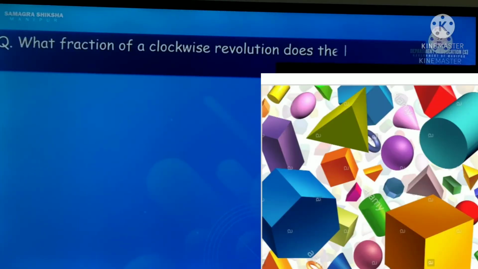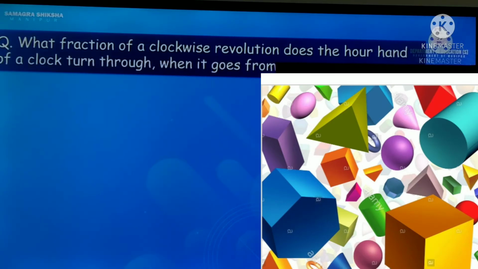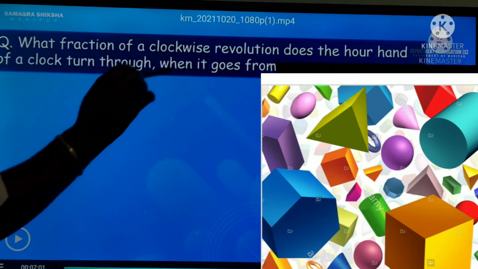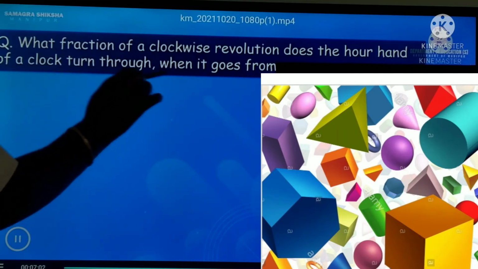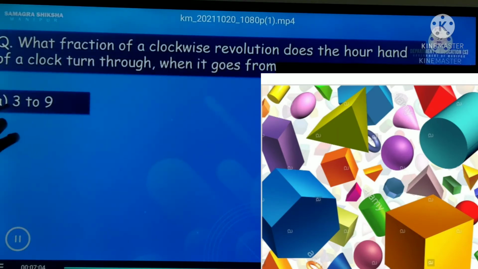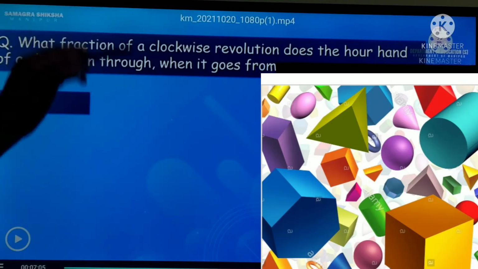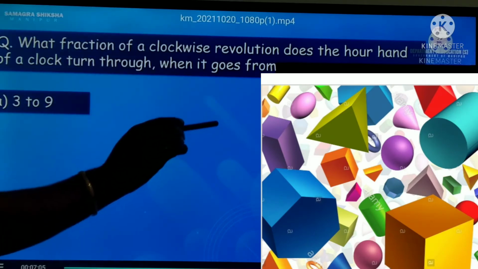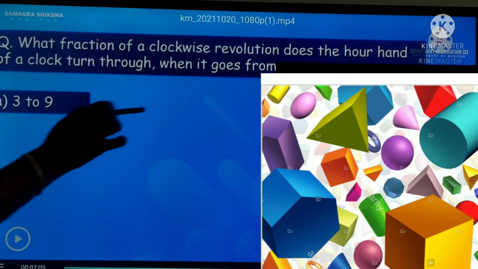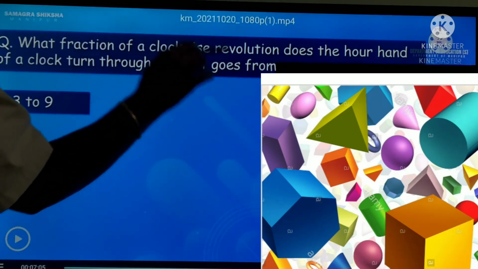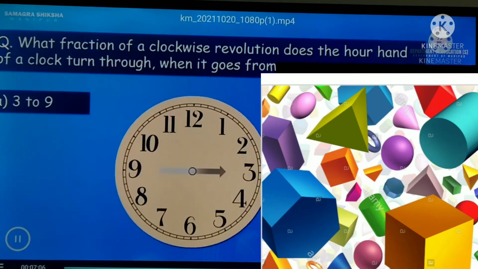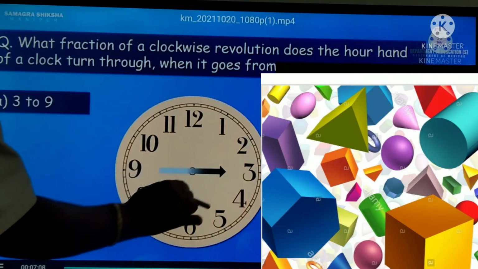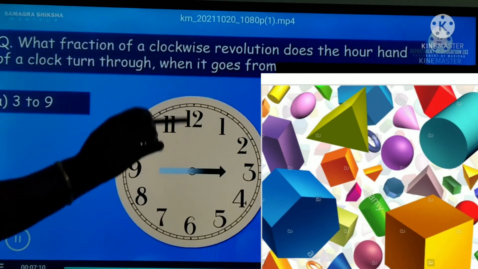See the next question. What fraction of a clockwise revolution does the minute hand of a clock turn through when it goes from 3 to 9? What fraction? Fraction is of the form p by q, right? Take this clock. 3 to 9. Clockwise direction.